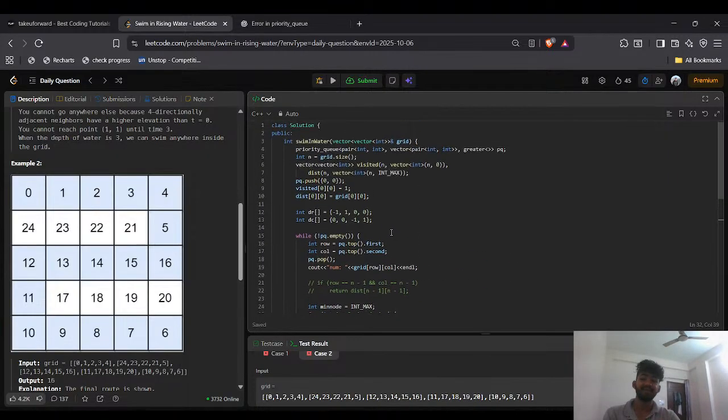So we need to take the distance along with our priority queue. So I'm not going to take the pair. I am going to take the vector. Okay, so here we need to take the vector and place it everywhere.